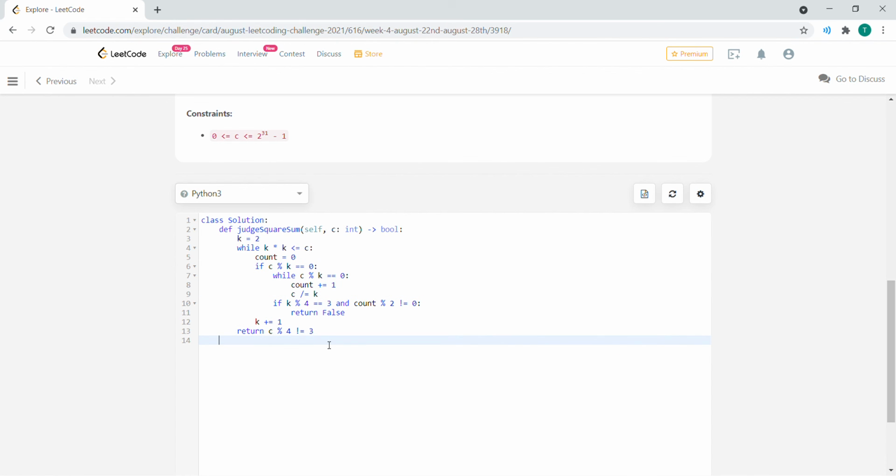So let's write this out. c is equal to 2 to the power of x. So using the logarithm identity, we have x is equal to log of c, right? So for time complexity, it would be big O of root c log c, and space complexity is constant space, since we return a boolean.